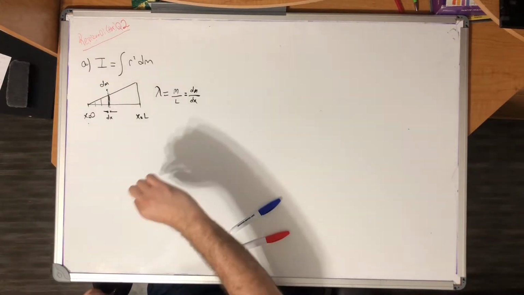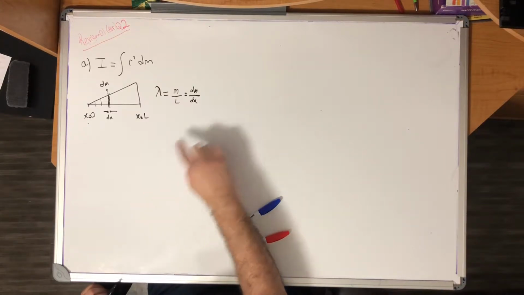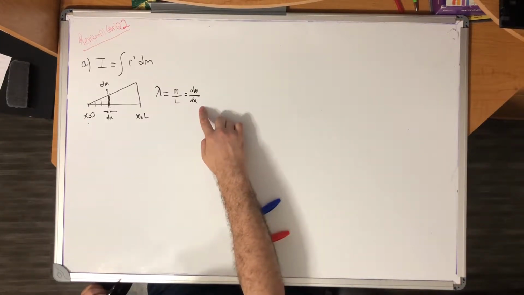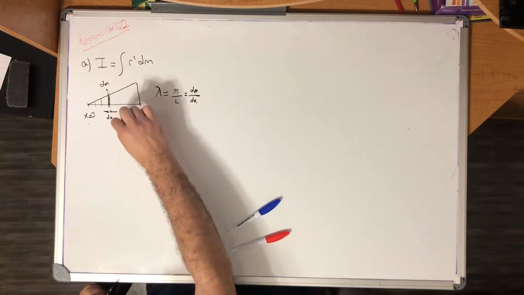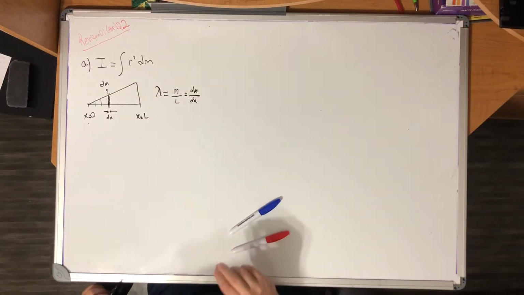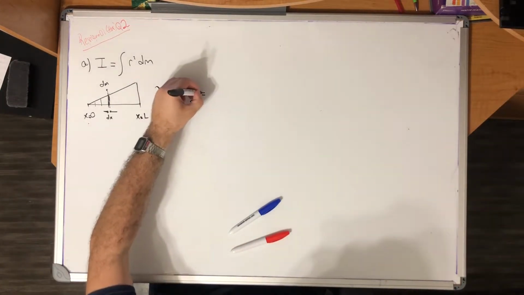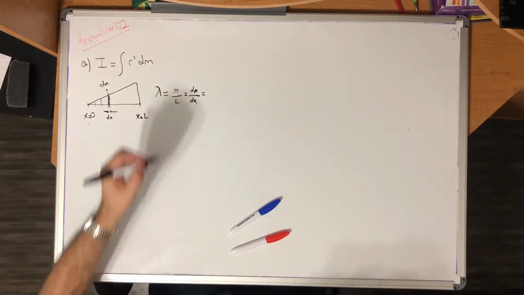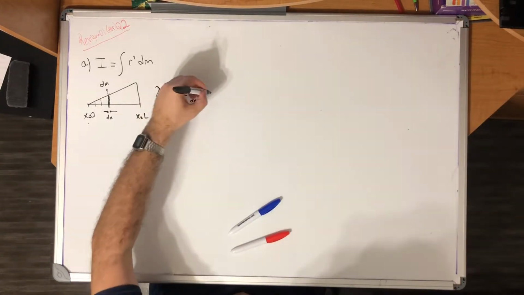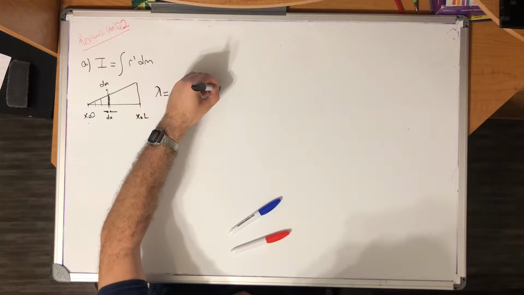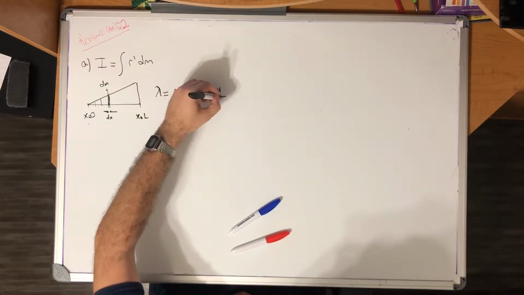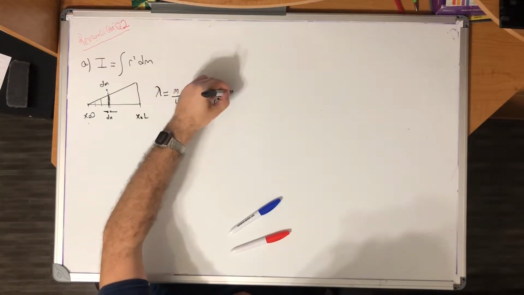So the ratio dm over dx is lambda. That is the definition of lambda, and for our question it is given as 2M over L squared times x.